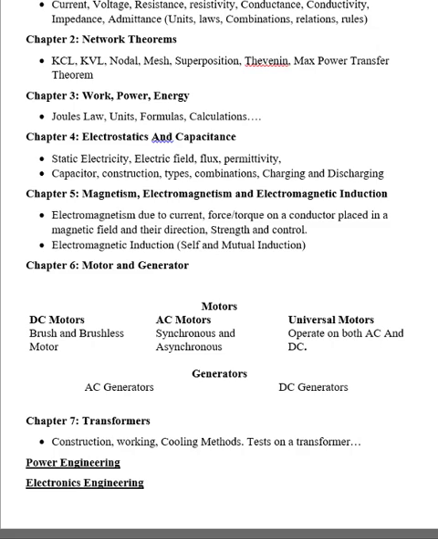Then chapter number 7, transformers. In a transformer, we will see what is a transformer, how it is constructed, what is the working of the transformer, what are the cooling methods to keep a transformer cool, and what are the tests performed on a transformer before introducing it in a market under several environmental conditions.